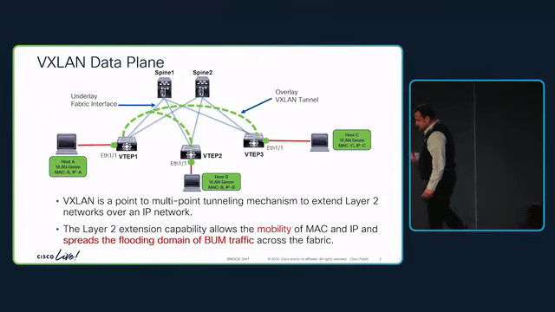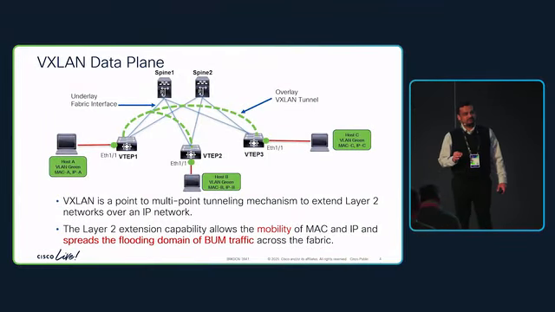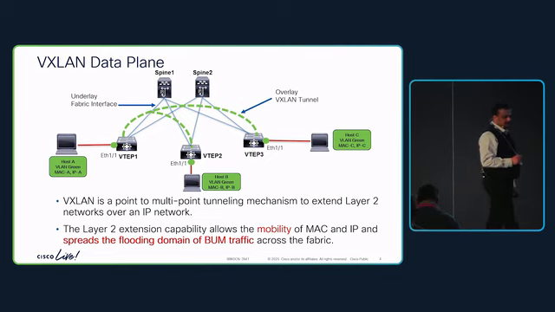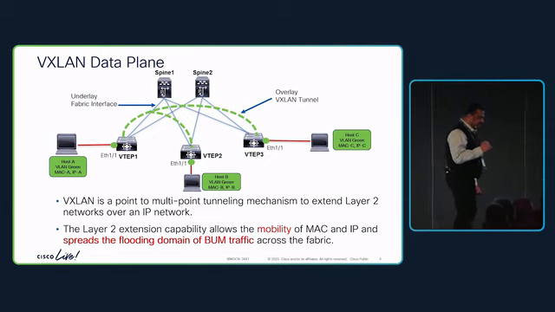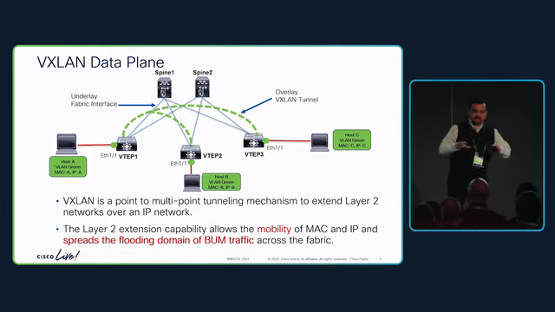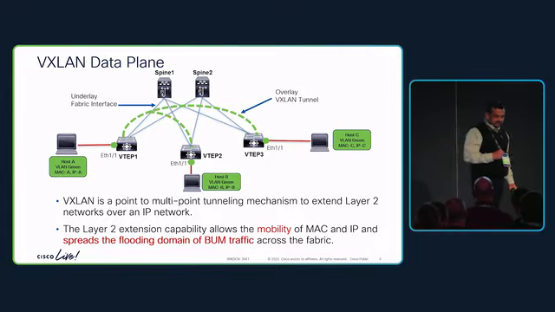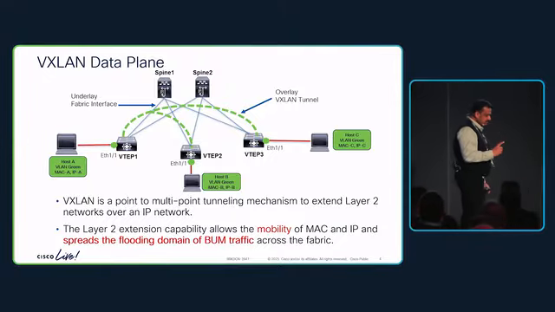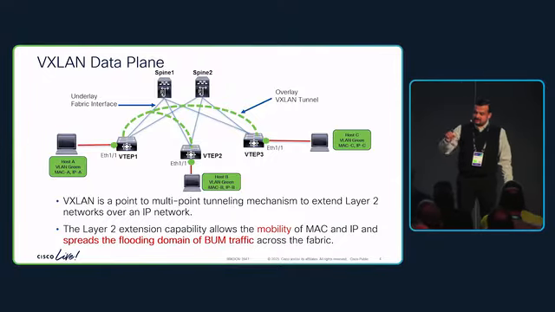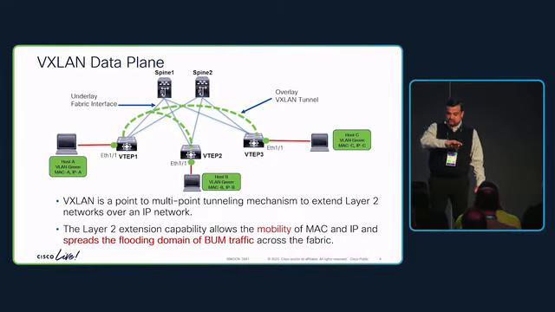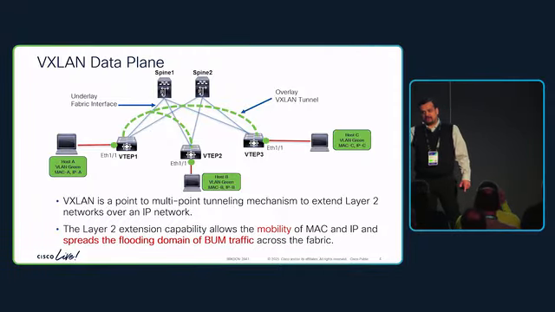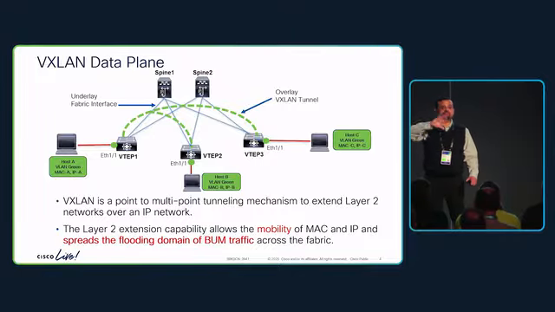VXLAN is the data plane protocol. Its job is to extend layer 2 over an IP fabric. Right? So we have the underlay and then we have the overlay. There are 2 things that we need to consider. First, VXLAN extends your layer 2. In effect, it's extending your bridge domain. And because you extend your bridge domain, you have the ability to have host mobility.